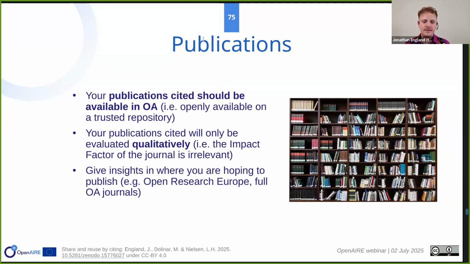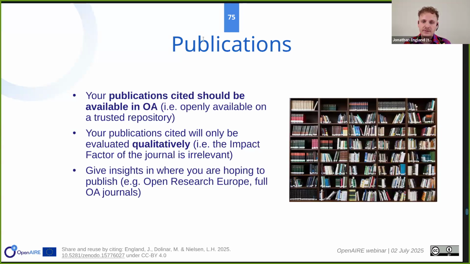They don't necessarily need to be under a Creative Commons license like the requirements during the project, but your publications that you cite, not others, should be available on the repository in open access for the reviewers to be able to have access to them.